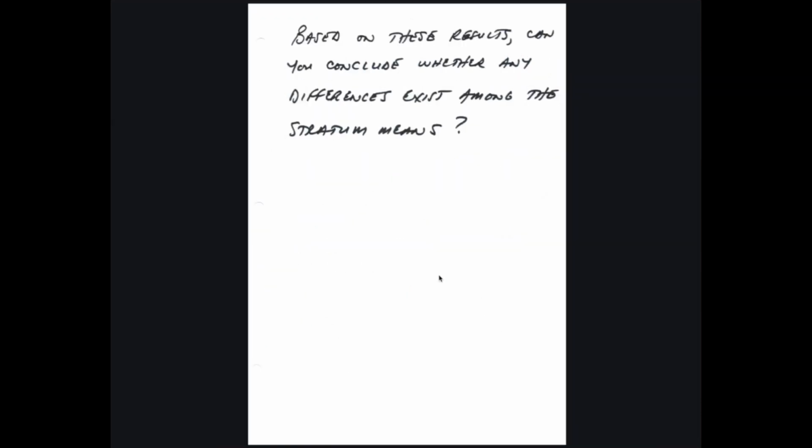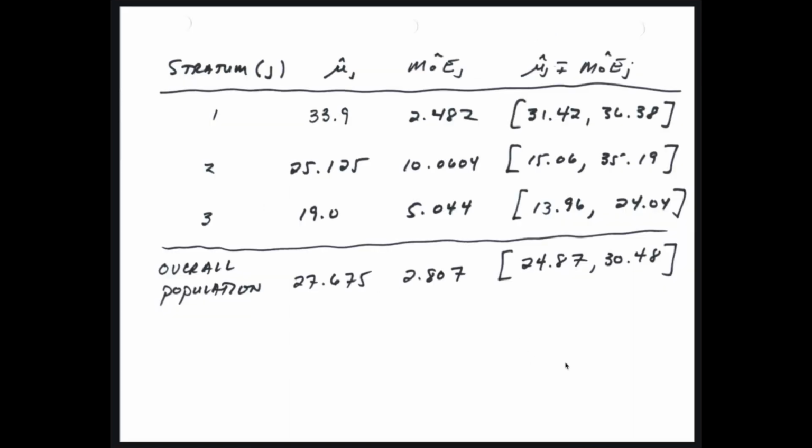Now, based on those results, based on that summary, can you conclude whether any differences exist among the stratum means? So if we go back and look at this, the question would be, does it look like there could be differences between the means of the individual strata, or are they the same?